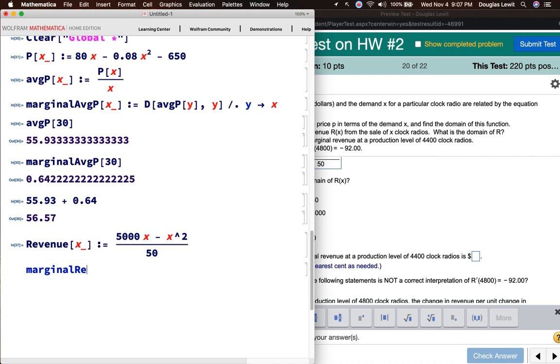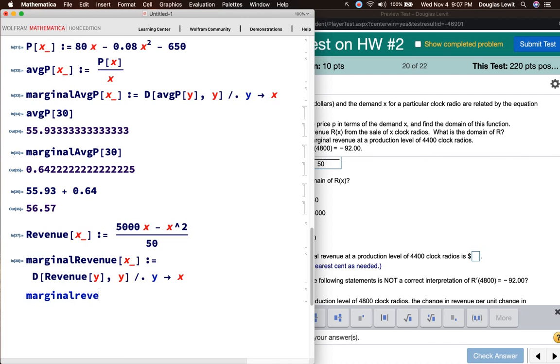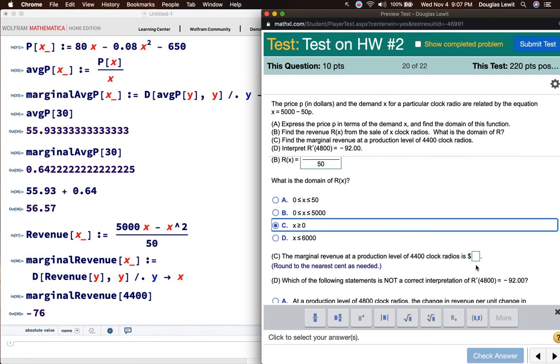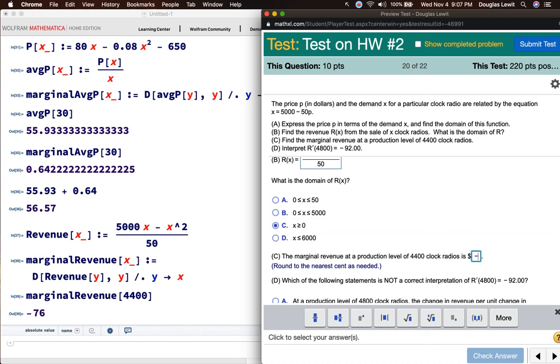So marginal revenue of X is equal to the derivative of the revenue of Y with respect to Y, now Y is replaced with X. So the marginal revenue of 4,400 is going to be negative $76. Round to the nearest cent if needed.